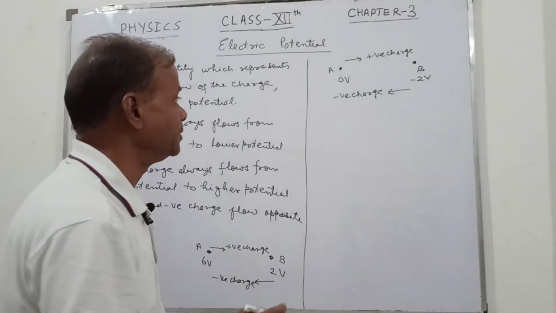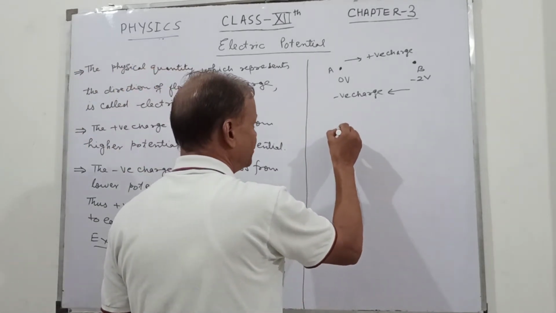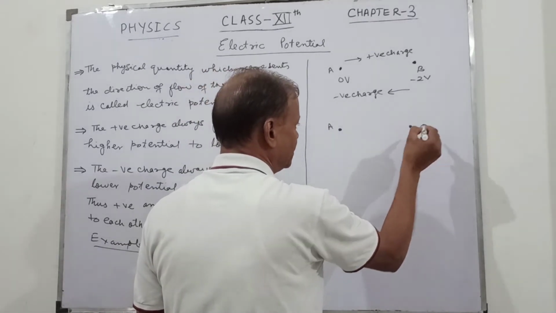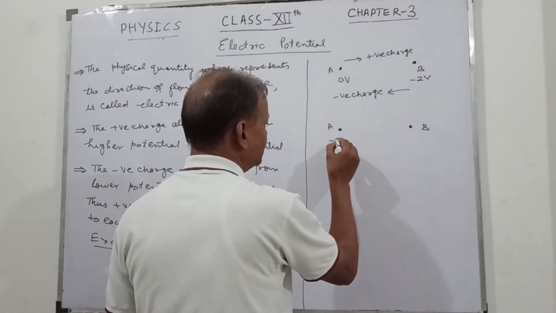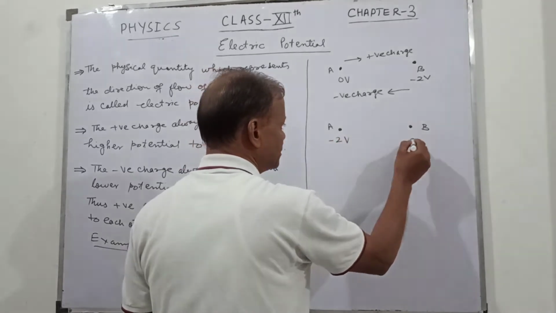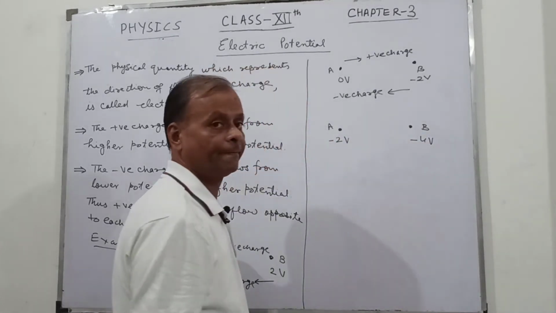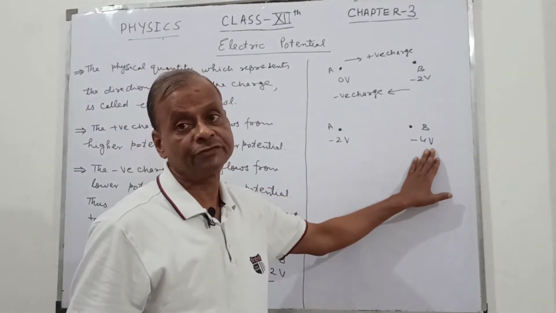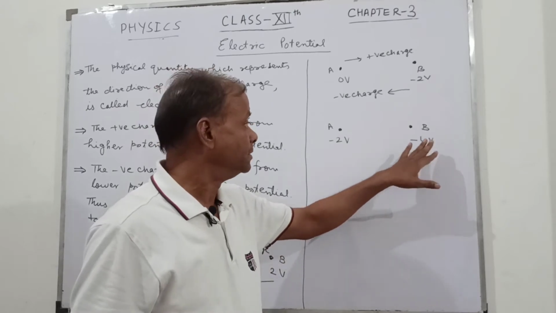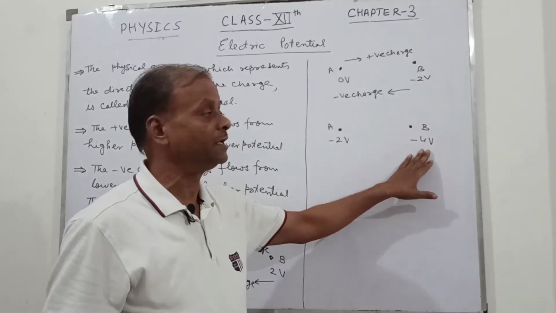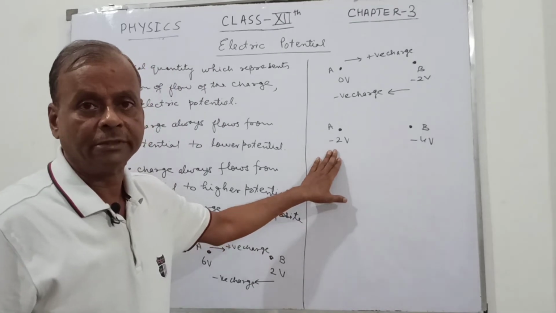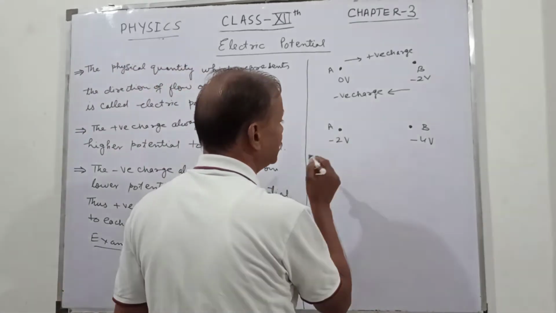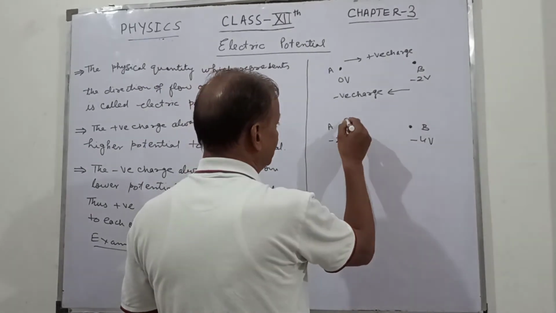If suppose we are given 2 points at negative potentials, this is point A and this is point B, with A at minus 2 volt and B at minus 4 volt. Then minus 2 volt is at a higher potential in comparison to minus 4 volt, and point B is at lower potential in comparison to the potential at point A. It means that the positive charge will flow in this direction.